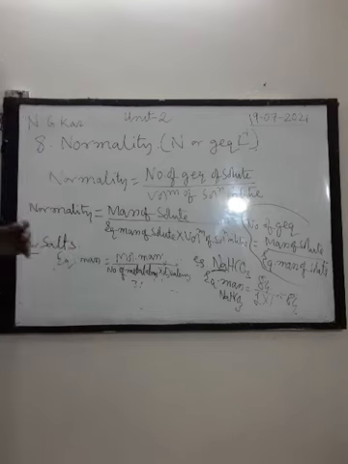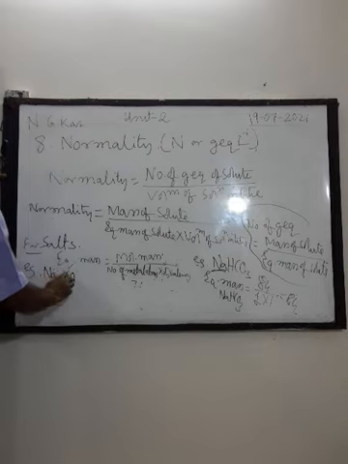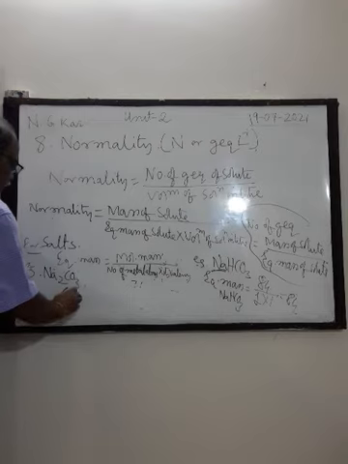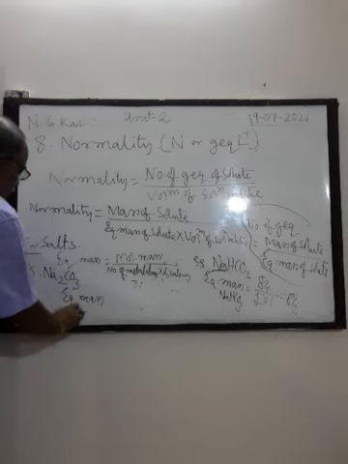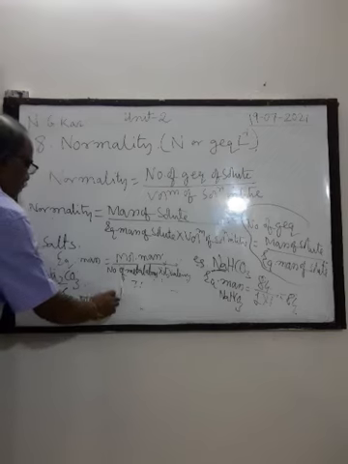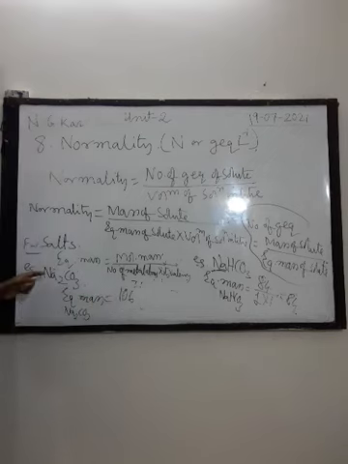84. Next we consider another example. Sodium carbonate, which is an example of a salt. So the equivalent mass of sodium carbonate: molar mass, 2 sodium, 2 into 23, 1 carbon 12, 3 oxygen 48.